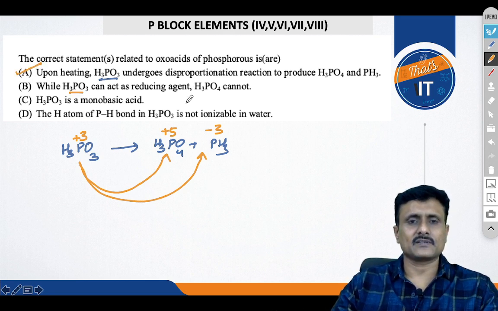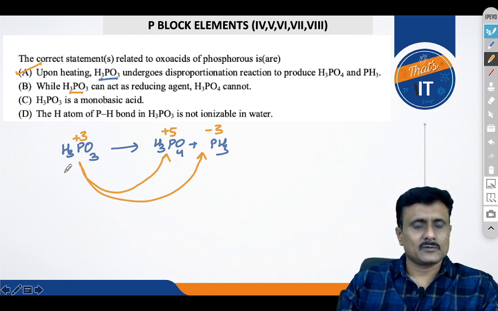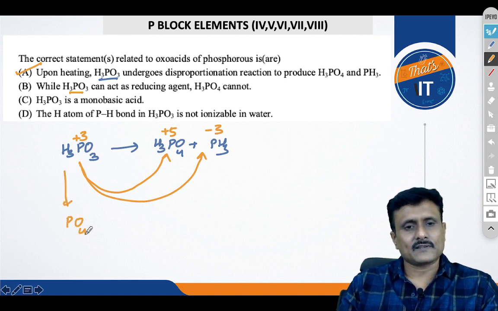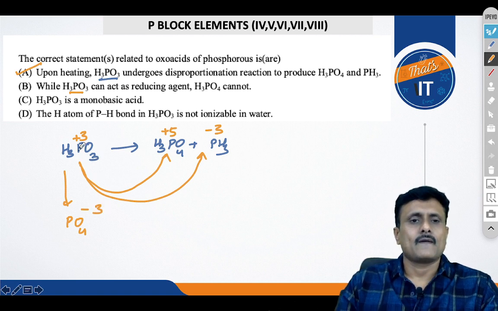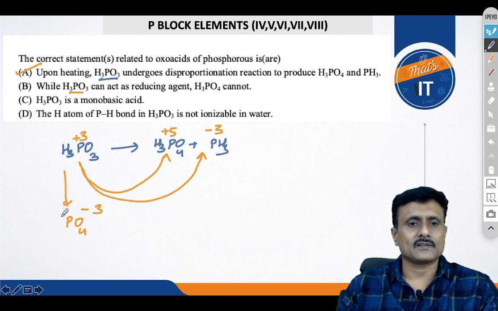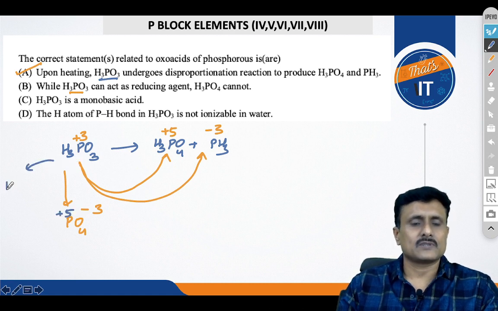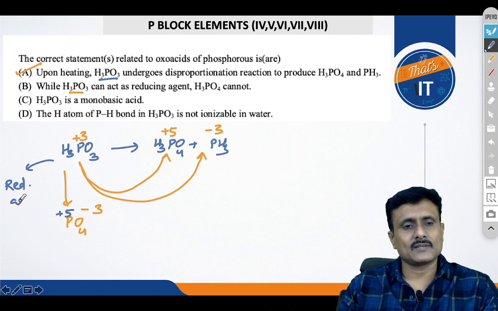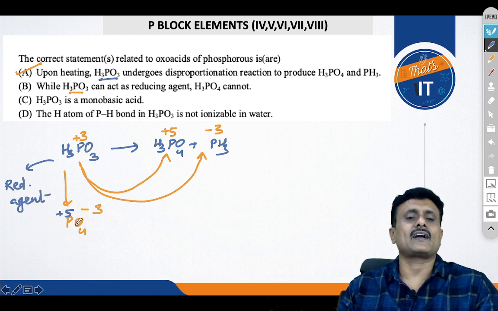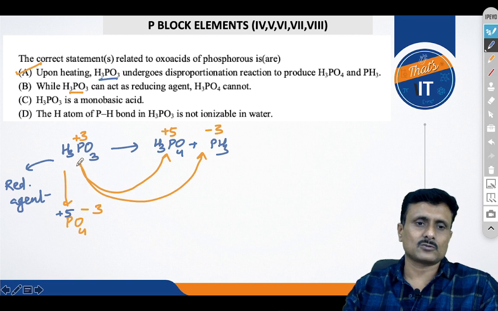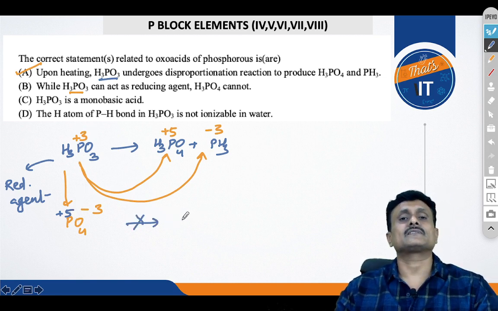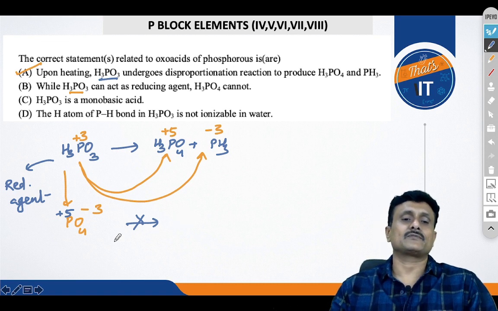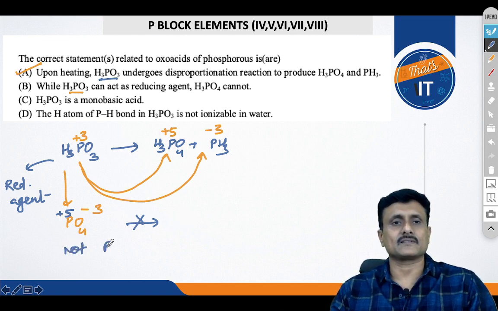H3PO3 can act as a reducing agent because phosphorus can get converted from +3 into +5. If acting as the reducing agent, it should get oxidized, and there is a scope for oxidation from +3 to +5. This cannot go beyond +5, therefore this is not a reducing agent.